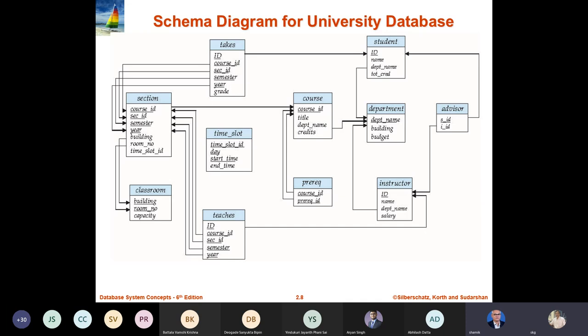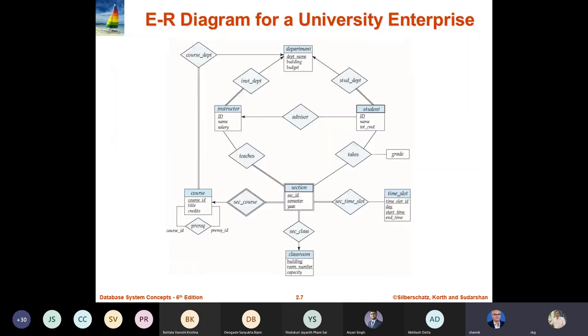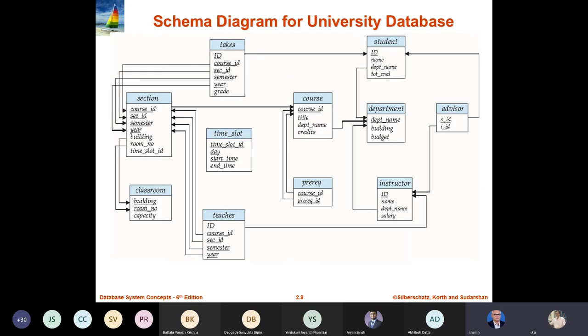We have other schemas like instructor: ID, name, department name, and salary. Here ID, name, and salary are attributes of the instructor, and the department name is a foreign key from the department.